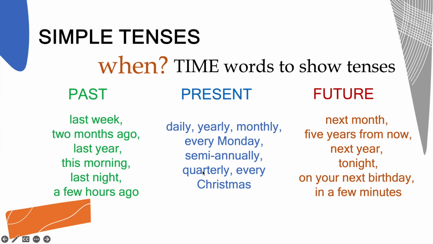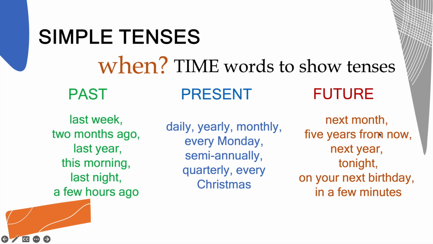You also have those that begin with every: every Monday, every Tuesday, every week, every month, every year, every 3 months, every quarter. All these words give you the clue that the tense of the verb is the simple present.